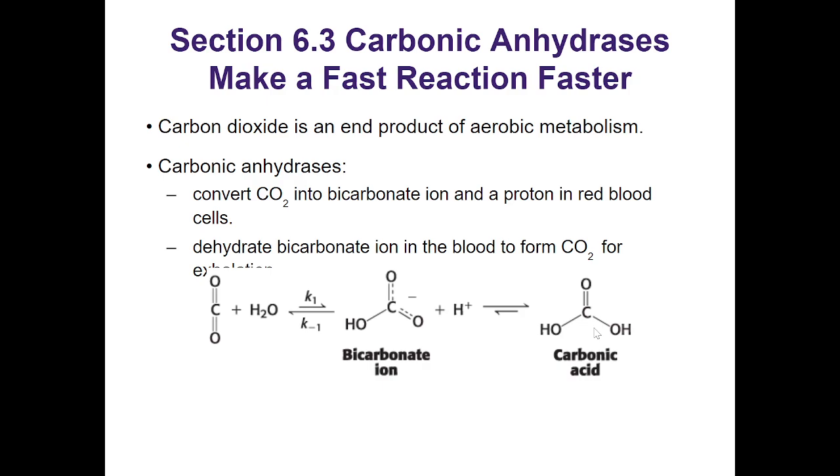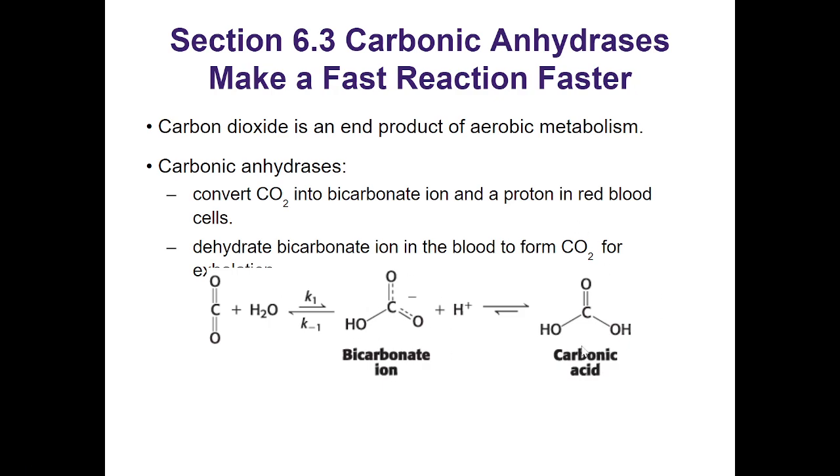And so this is how this is going to be done. We're going to take that CO2 in our blood after we do the end product of aerobic metabolism. We're then going to react it with the water in our blood. This is going to make bicarbonate ion, which will then make carbonic acid. So ultimately, this is what's going to happen in our red blood cells.